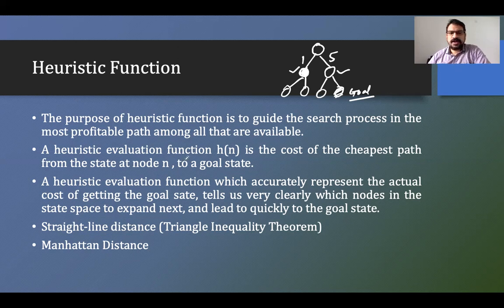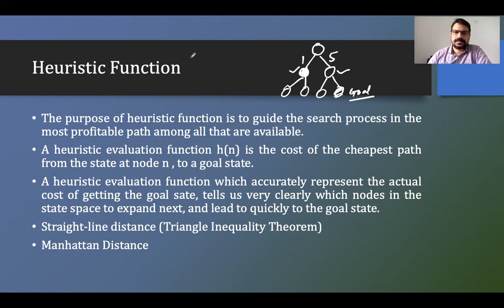The heuristic evaluation function, denoted as h(n), is the cost of the cheapest path from the state at node n to the goal state.